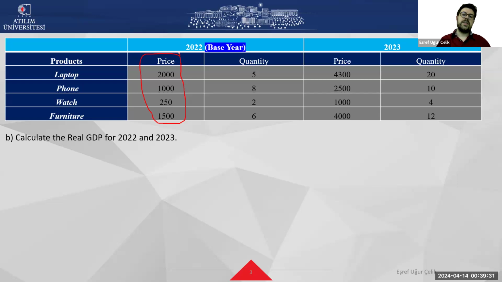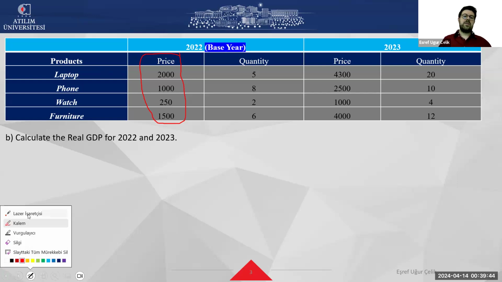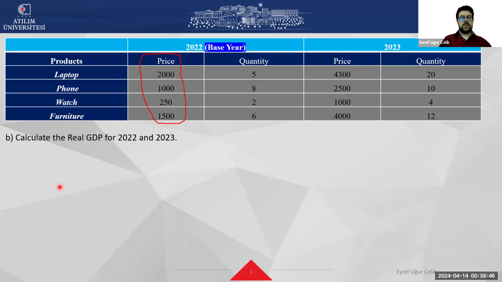In nominal GDP, we take the year I asked you for both, but in real GDP, we take the base year price and multiply by the quantity of the year I asked you. Again, it looks easy, but try to do it yourself to understand the mechanism.